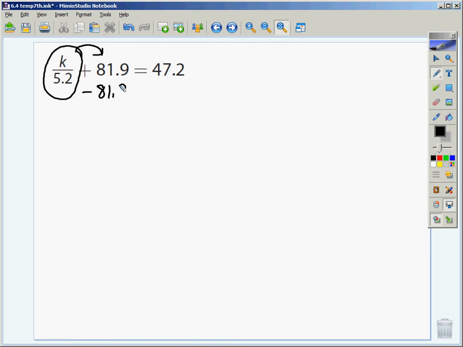What makes this one look so much harder? It's got decimals and it's got a fraction in it. Makes it look harder, but I'm going to tell you the process is the same. It's okay to use a calculator.